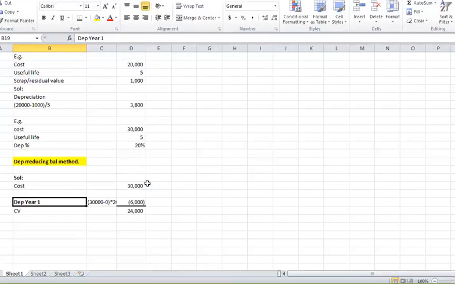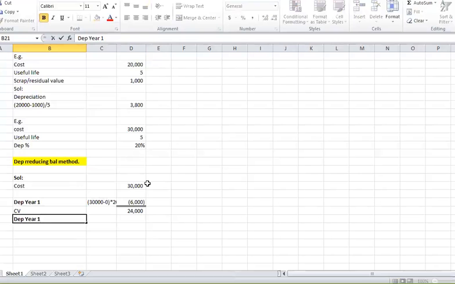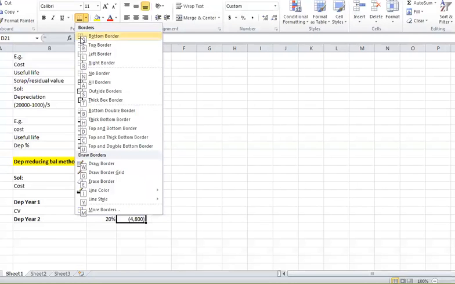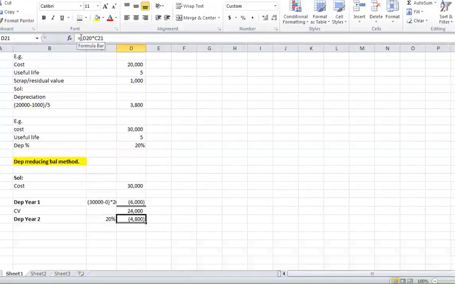And in year number 2, we will charge depreciation of 20%, but we will charge depreciation on carrying value, equal to this one multiplied by this one. So this would be the depreciation for year number 2. In the reducing balance method, we will always calculate depreciation on carrying value.